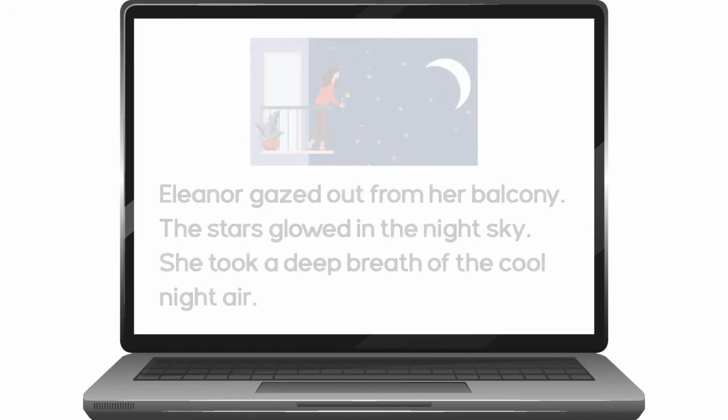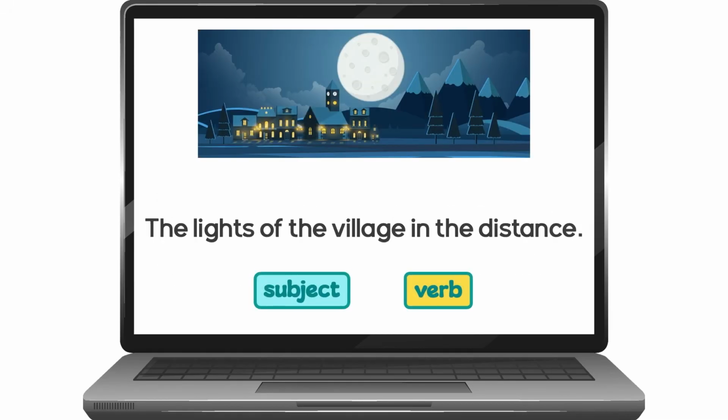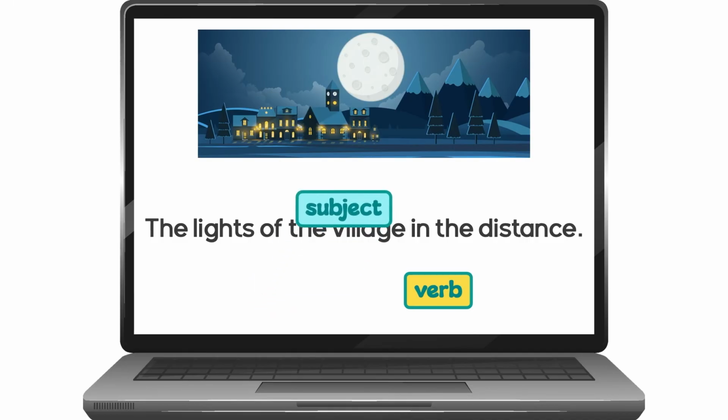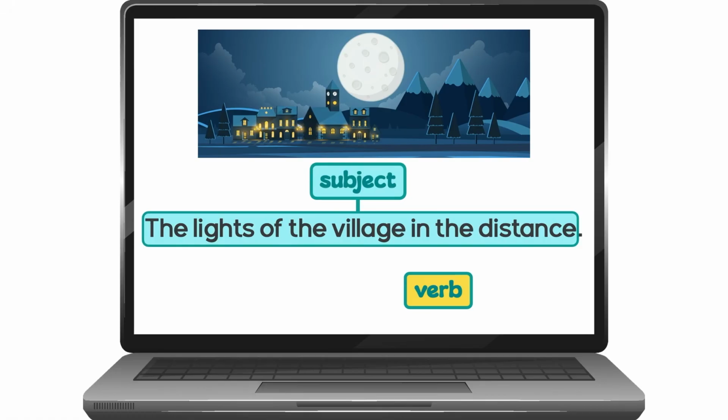Great! With this corrected sentence, my story will make more sense. Next, let's check out what a sentence fragment that's missing a verb might look like. The lights of the village in the distance. Here we have a subject. We know who or what the sentence is about. It's about the lights of the village in the distance. But what are the lights doing? We don't know because the verb is missing.